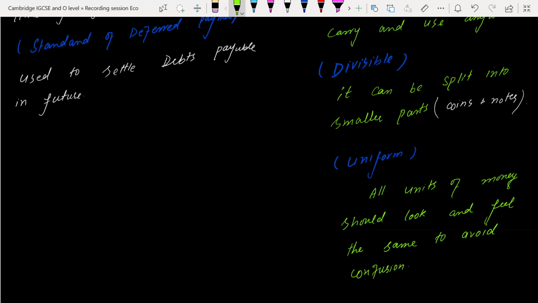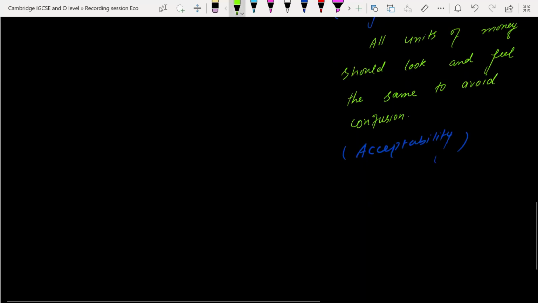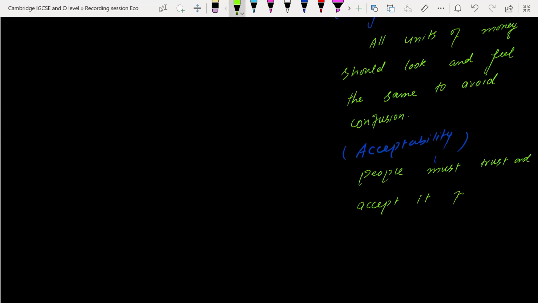Next one, it can be acceptability. People must trust and accept it for buying.